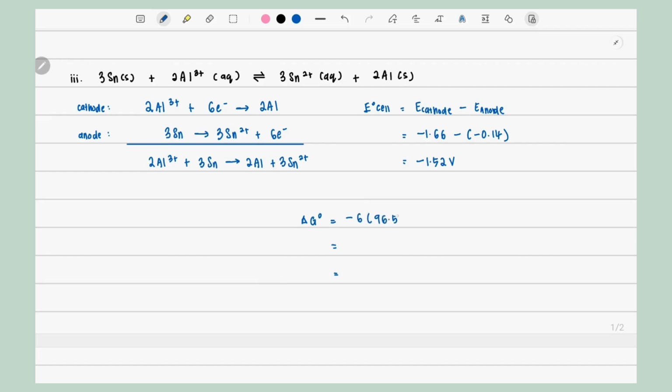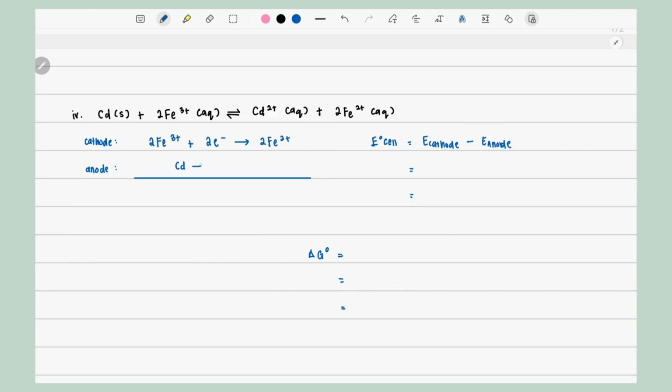The total electrons is 6, and we put the Faraday constant and also the E naught cell, and we will get the value 880.08 kilojoule per V mole, and then we will convert it into joule, which is 880.080 joule per V mole.